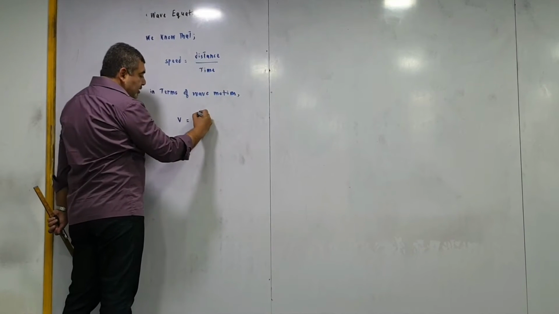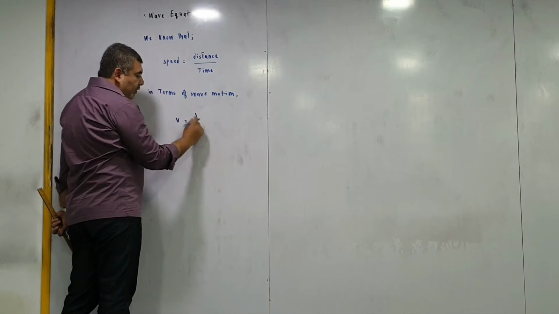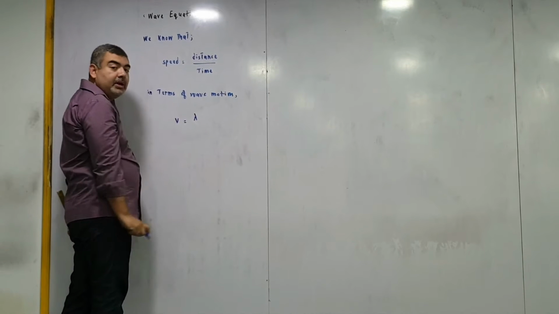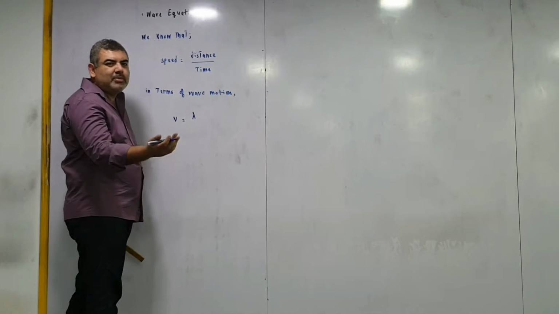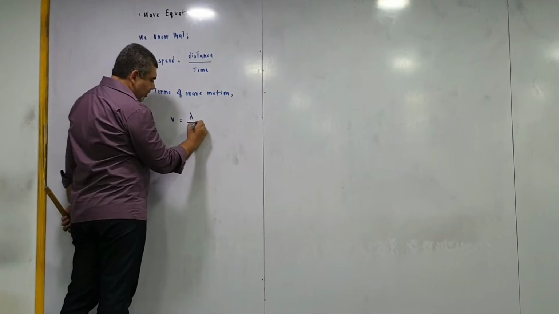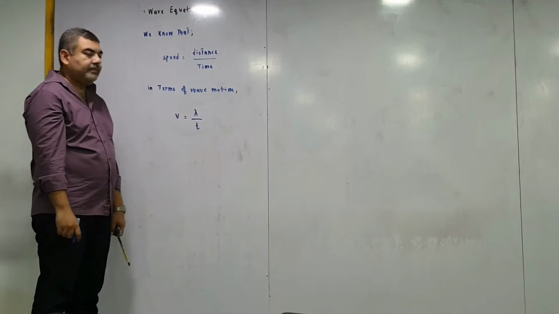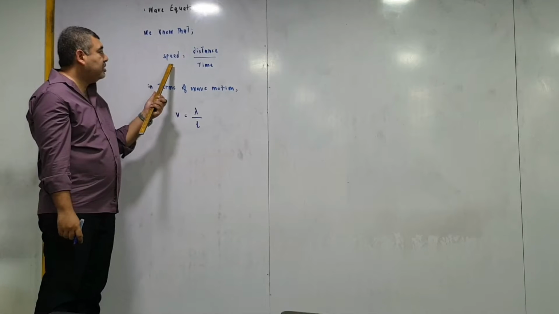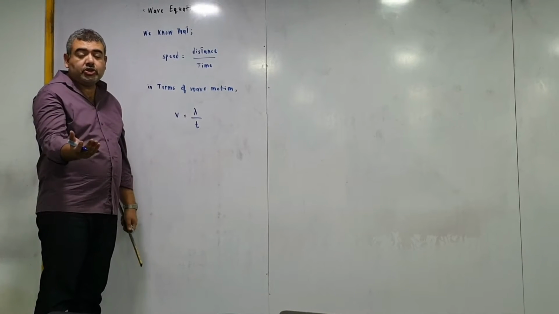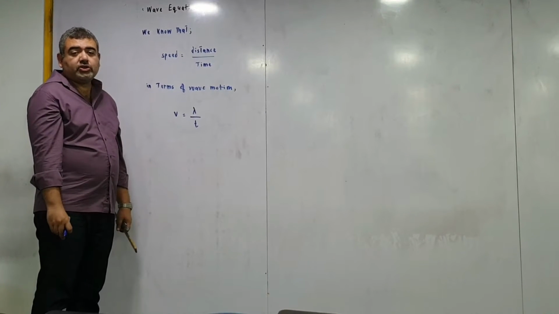So we can replace this distance with wavelength. It's a Greek symbol lambda. Time, कहीं पे भी जाओ, time is time. So, this case में time भी क्या रहेगा? T. So, this equation, speed is equal to distance upon time, which is the general equation of motion.